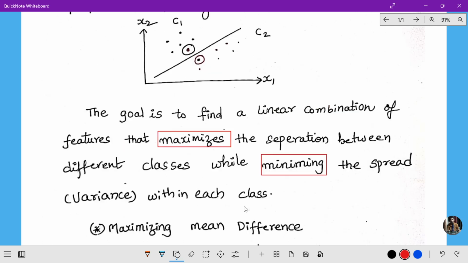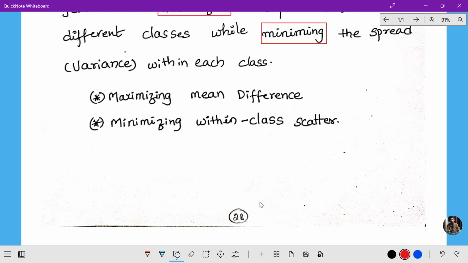Okay. So we have two things. First, we need to maximize the mean difference. Second, we need to minimize the within class scatter.